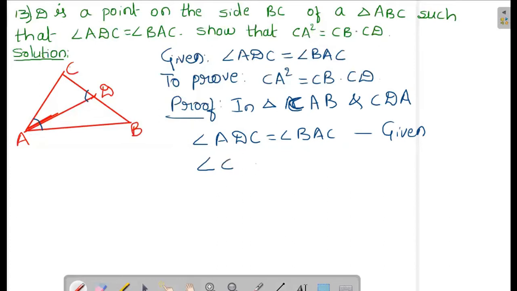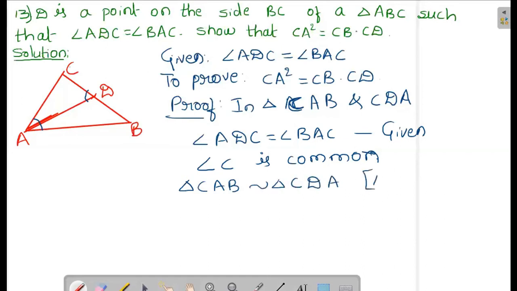Angle C is common. Okay. So by AA criteria, triangle CAB is similar to triangle CDA by AA criteria.